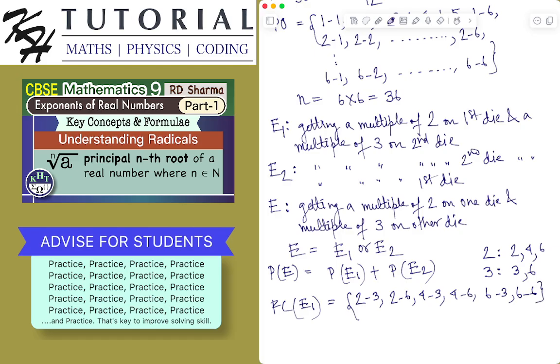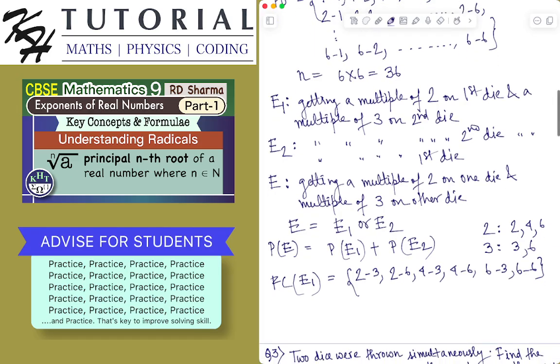These are the possible outcomes of event E1. So M for the event E1 is 6. There are 6 outcomes favorable to the event E1.